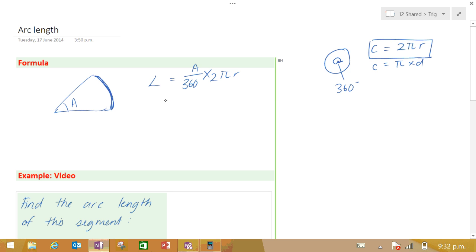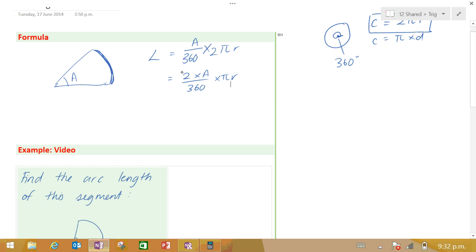If we tidy that up a little bit, we can write it as 2 times a over 360, and then times pi r. But then 2 and 360 can simplify down to 180 on the bottom, and so we can write this as a times pi times r all over 180, and that's a great formula for the arc length of a circle, and really easy to remember as well.